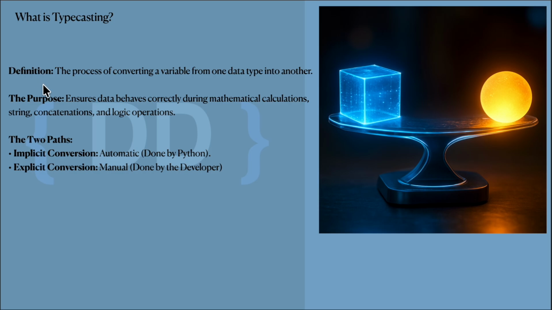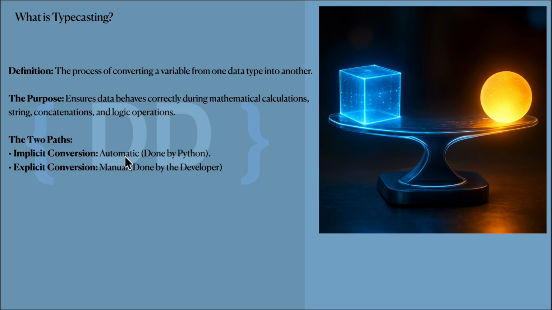Now, what is typecasting? It is the process of converting a variable from one data type into another, simply put, so your program can use that information effectively. Remember, data types in Python are not unchangeable. There are two different routes for conversion: implicit and explicit.